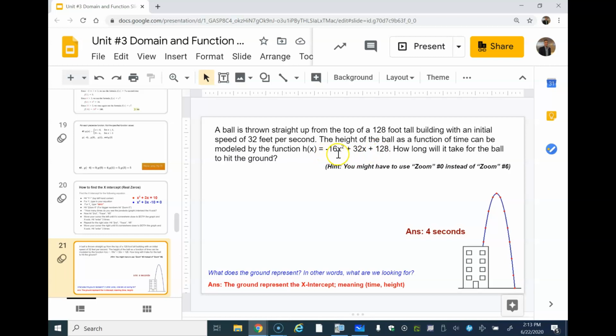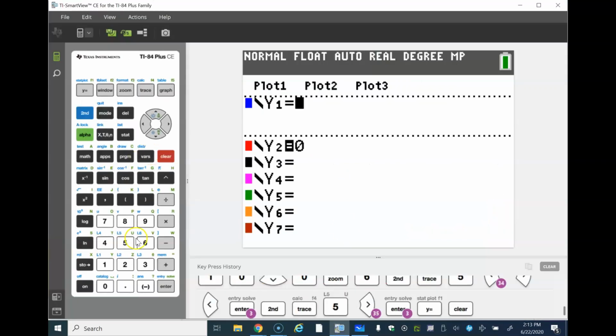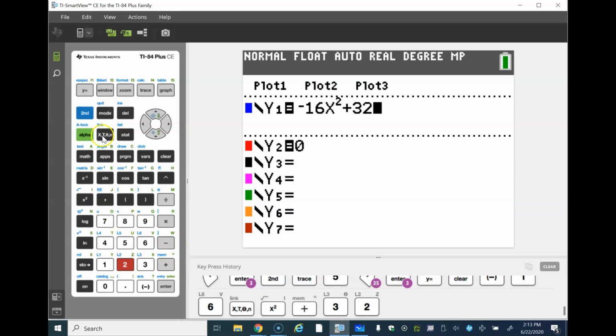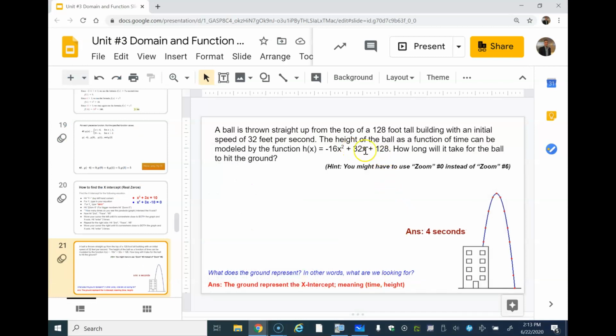So negative 16x squared plus 32x plus 128. Let's give it one more check. 32x plus 128. So that's the equation it gives us because the building is actually 128 feet high.